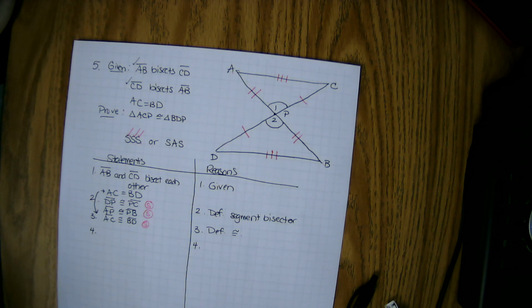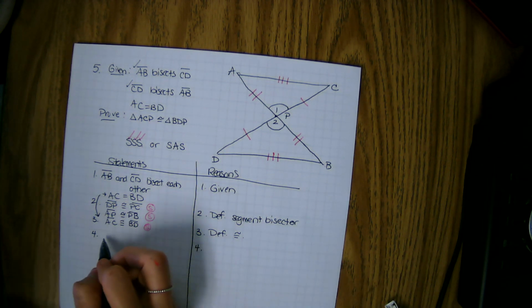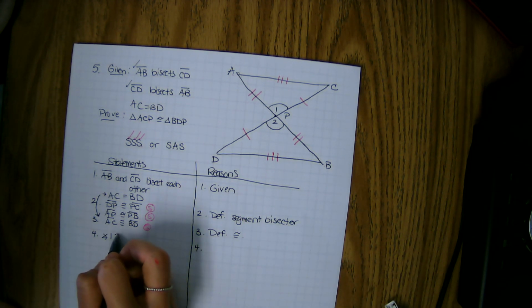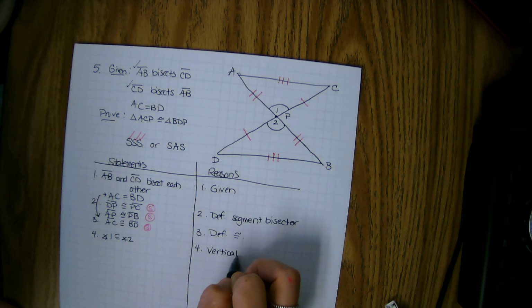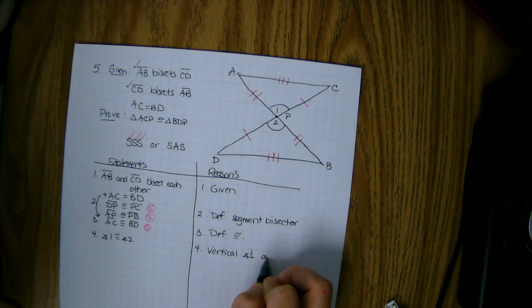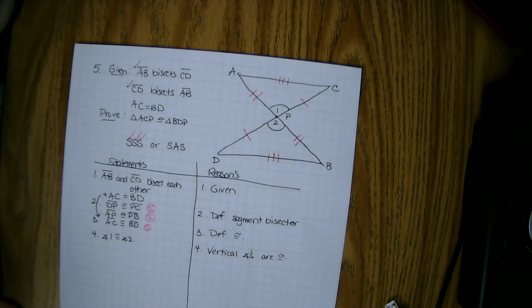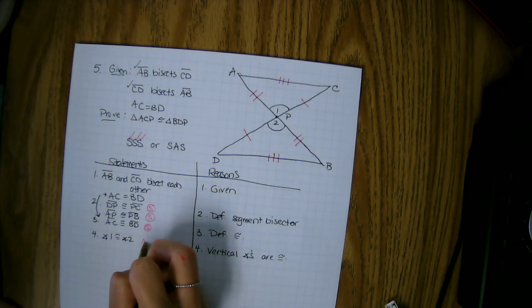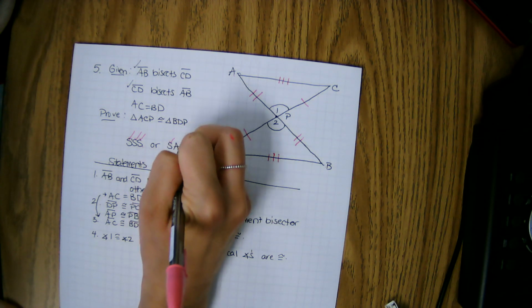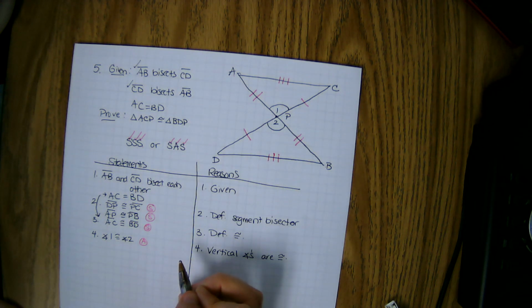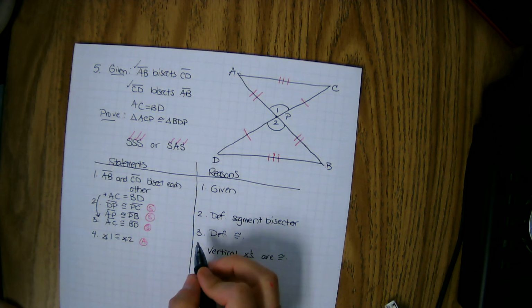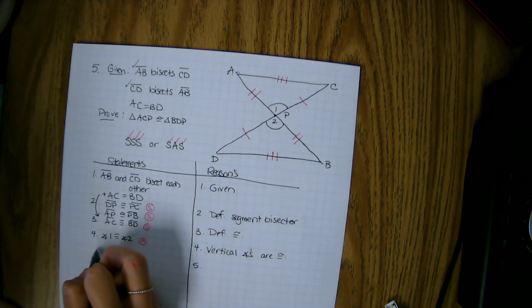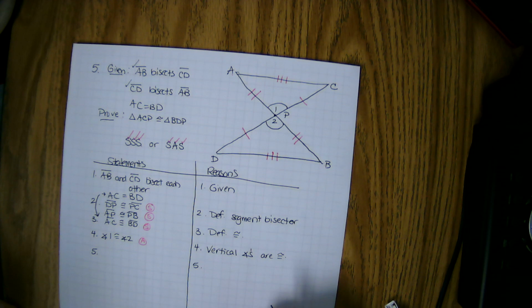Now, if you wanted to do it using side, angle, side, this would be an optional step. You would say in here angle 1 is congruent to angle 2, because vertical angles are congruent. That would give you the A. So then you'd have your 2 sides and your angle. You want to make sure you have all of these checked off first before you get the triangles congruent.